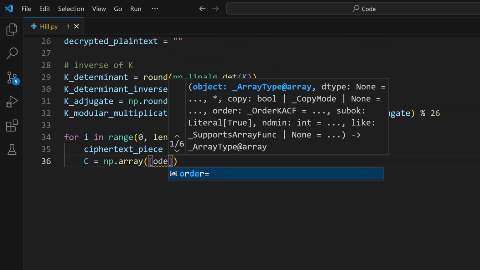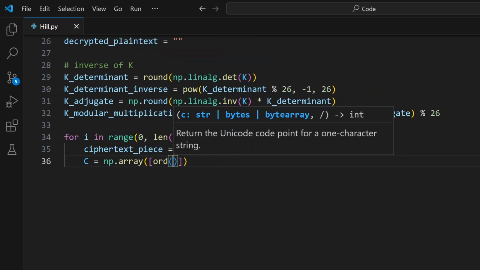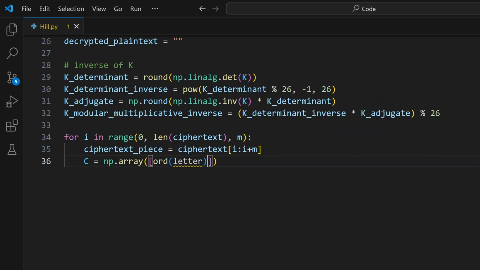So ord of the letter minus 97, we also have to do that here, for letter in the ciphertext piece that we just took. So our RRL, for example, we have to convert all of that into numbers in the range 0 to 25. And after that, we can do our calculation.